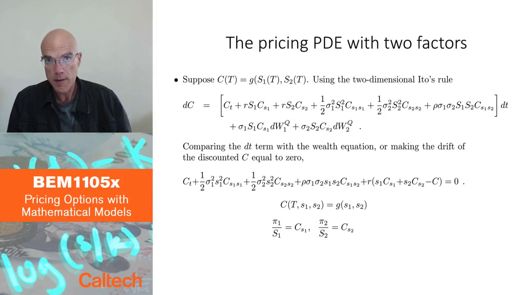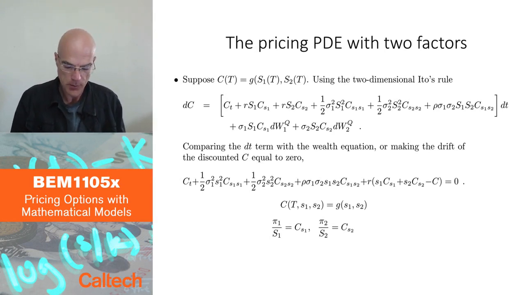There are two ways then to price in this Black-Scholes-Merton model with two stocks. The usual two ways: either with a partial differential equation or by computing expected values.